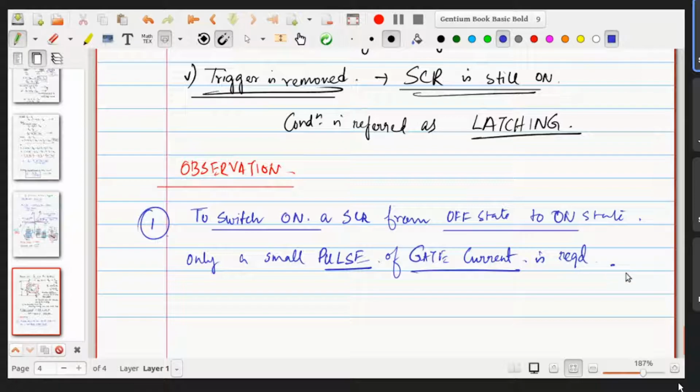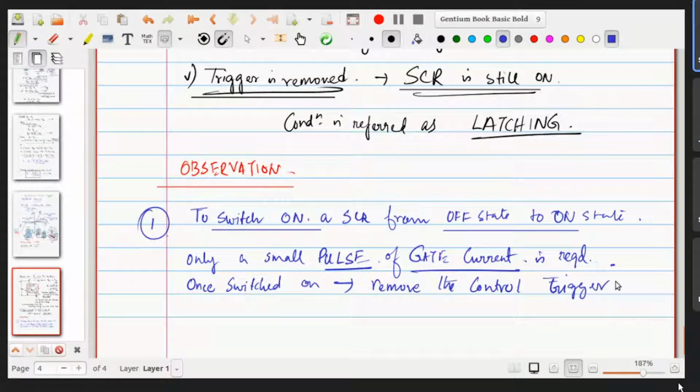And once switched on, remove the trigger or remove the control. So this is the one method that you have, and it remains on.